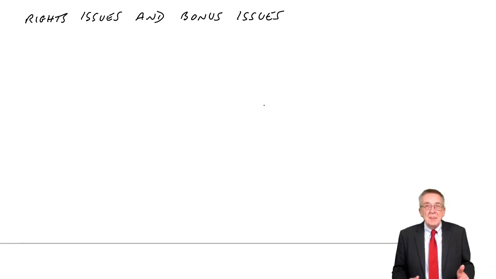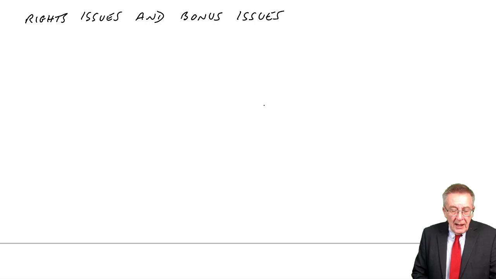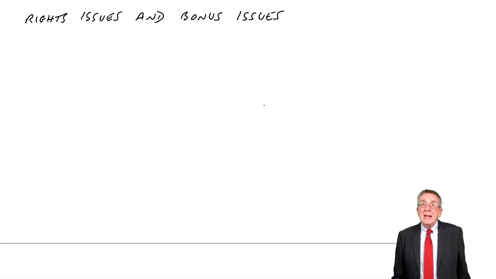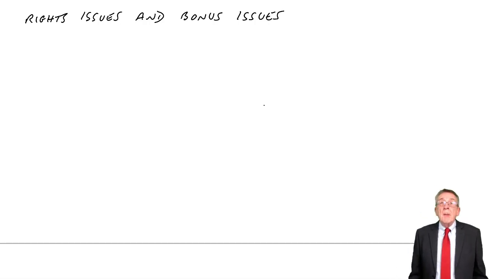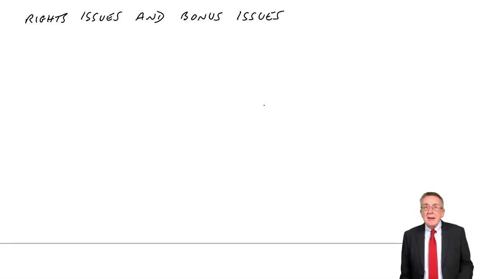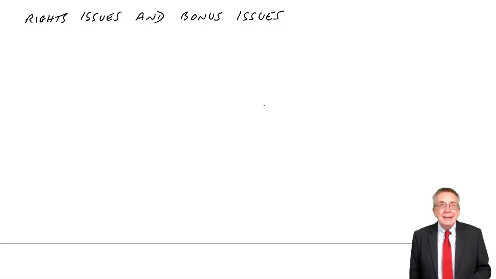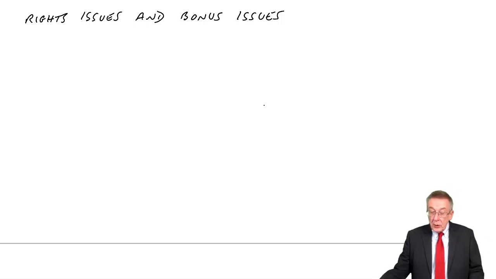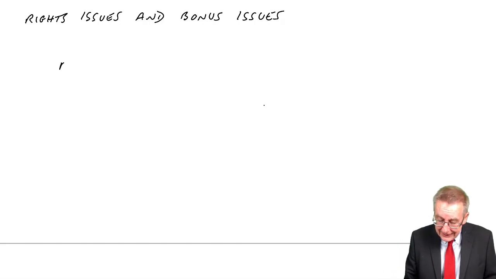If you're a tiny company, just a group of friends, it might be difficult to find new people who want to buy shares. And even for a big company, it's an expensive way because you have to pay for advertising and all sorts of things. By far the most common way of raising more money by issuing shares is what we call a rights issue.